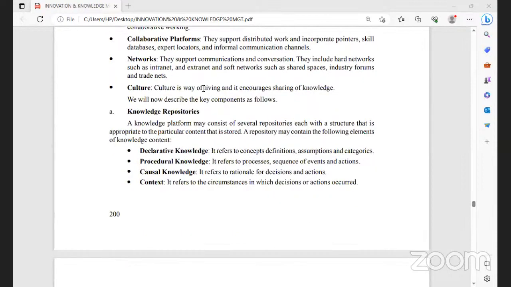Knowledge repositories. A knowledge platform may consist of several repositories, each with a structure that is appropriate to the particular content that is stored. A repository may contain the following elements: declarative knowledge, procedural knowledge, causal knowledge, and context.